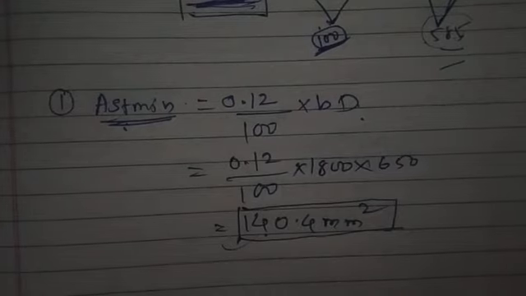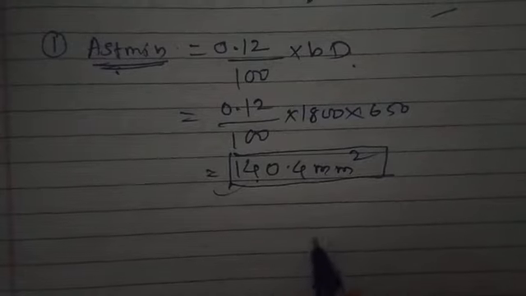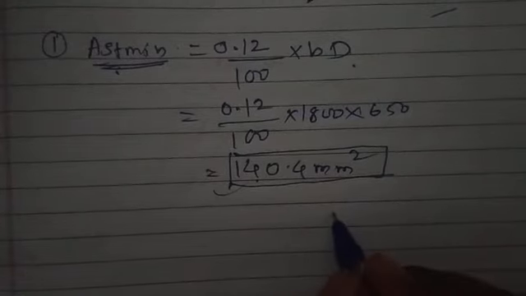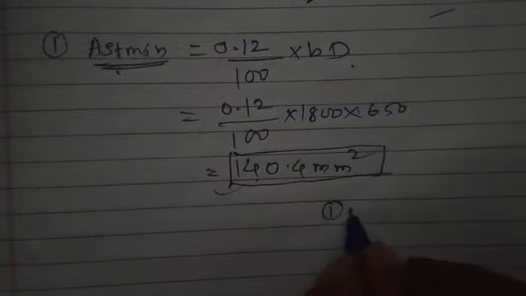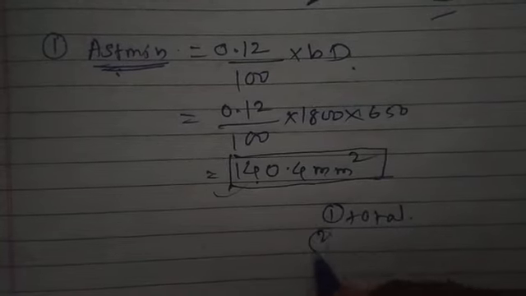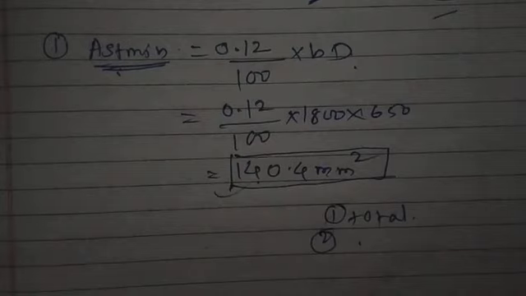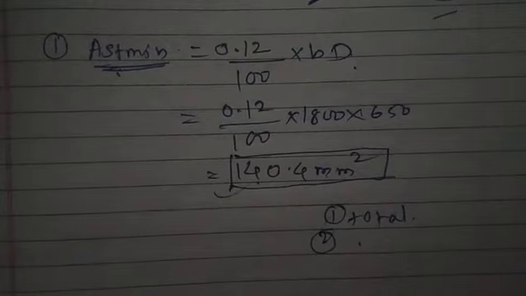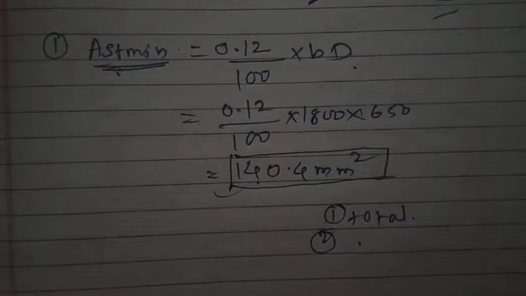Till now we have calculated the total load. After that we have calculated, I am revising these steps because it is very important to know what steps we are following in this design, because if you know the steps, it will be very easy to design the combined footing.